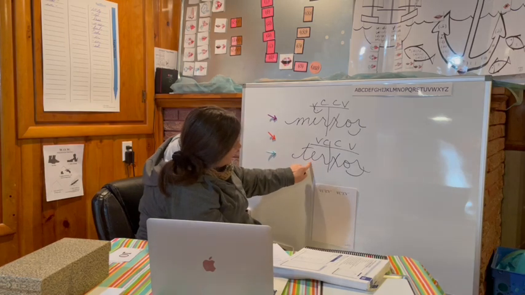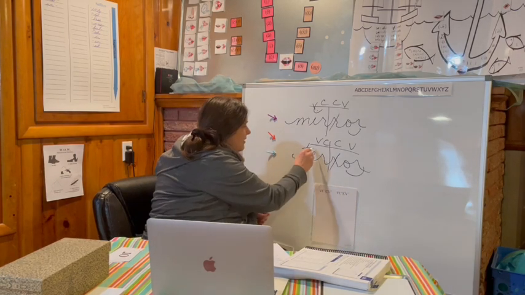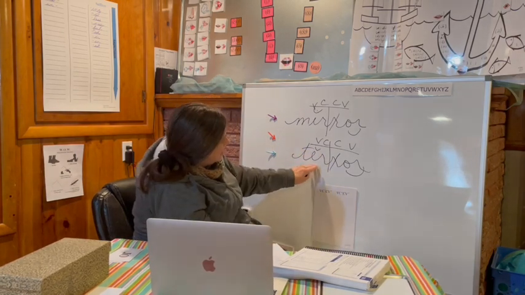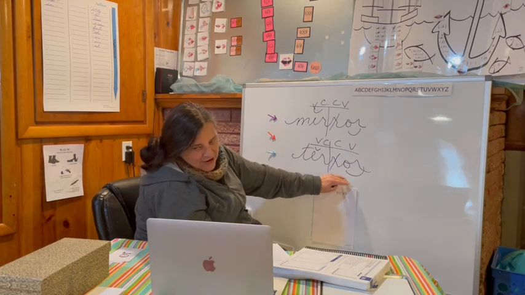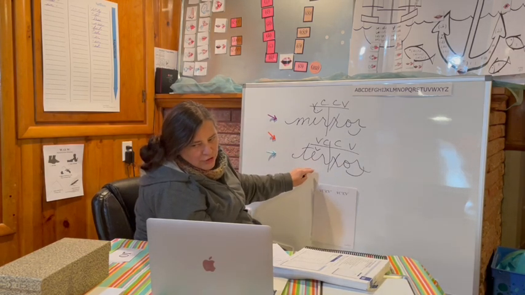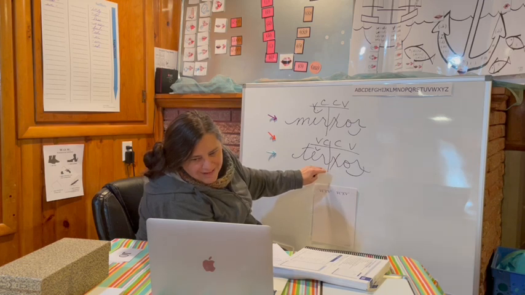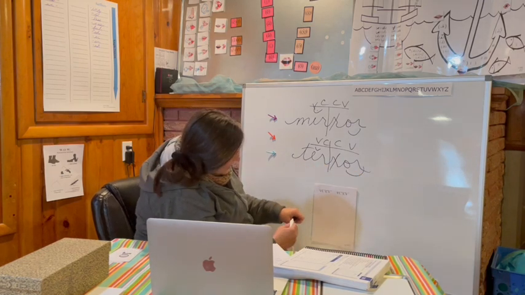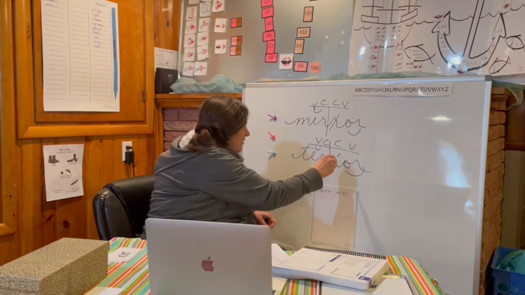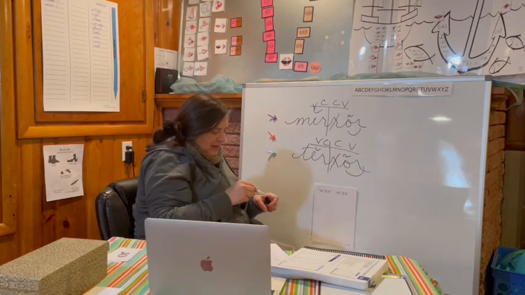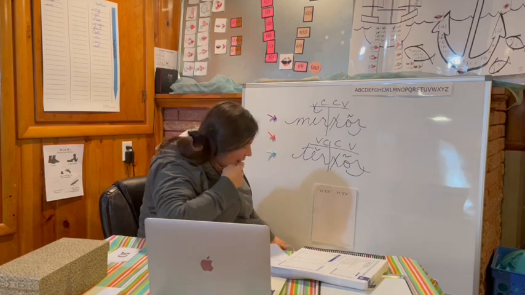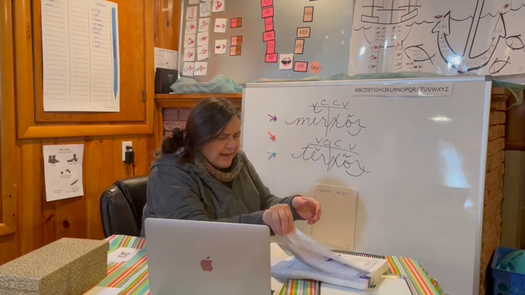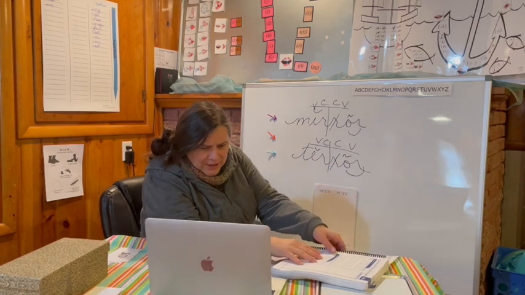Now it's just a vowel and a closed syllable. So now it's just terror. It's not terror. We don't say terror, right? Okay? So I just wanted to point that out to you. Let's get moving though, because that is a lot of discussion about syllables and stuff.